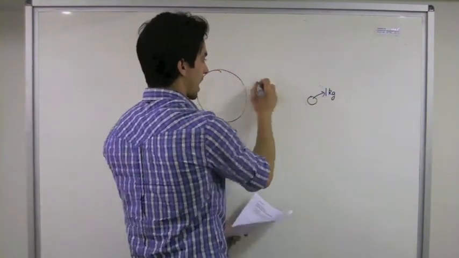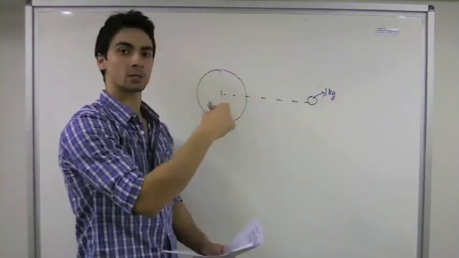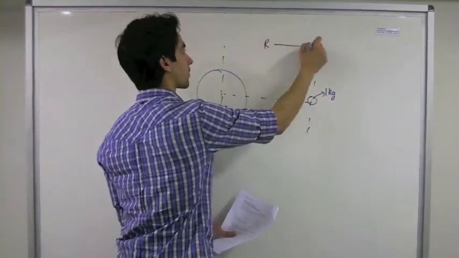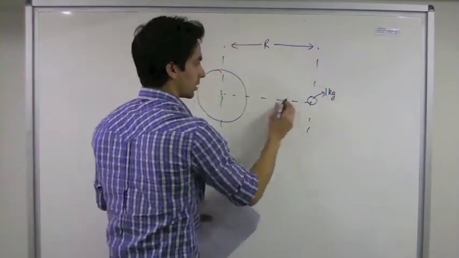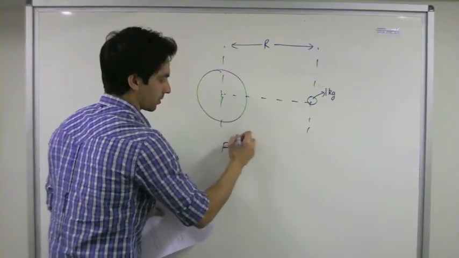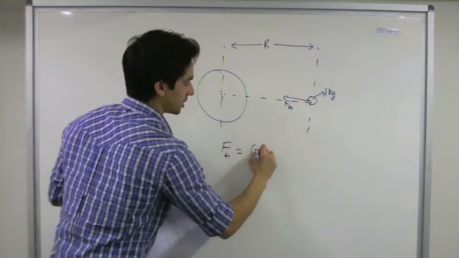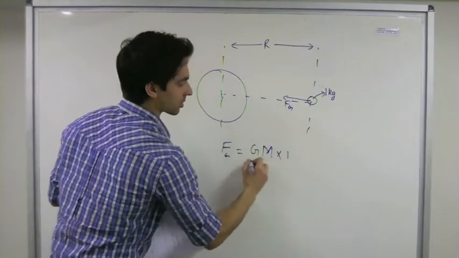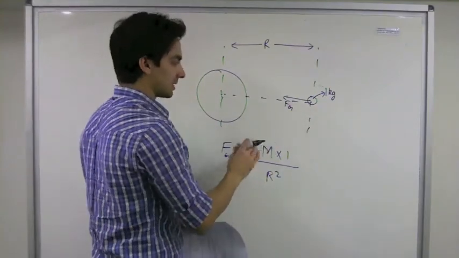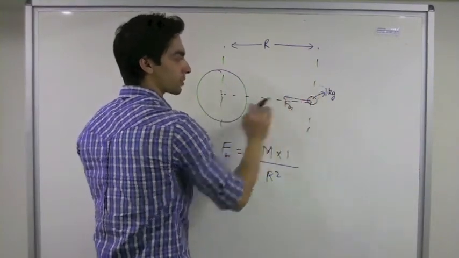And let's say the distance between the center of the mass whose gravitational force we are measuring and this mass is R. So at this point the force of gravity Fg will be equal to G M times 1 kg over R square. So in this case, this is the definition of the gravitational field strength by this mass at this point.